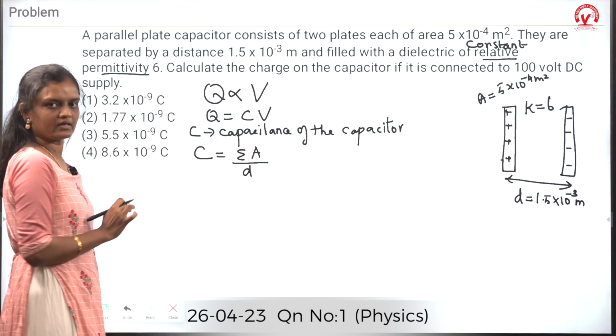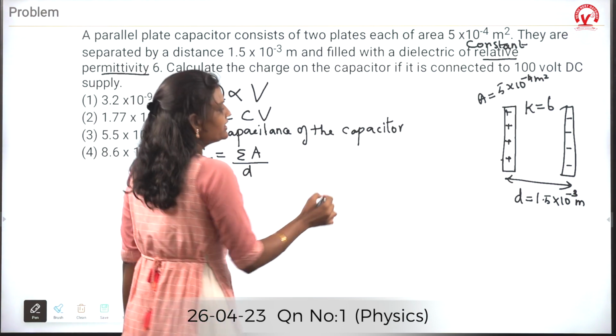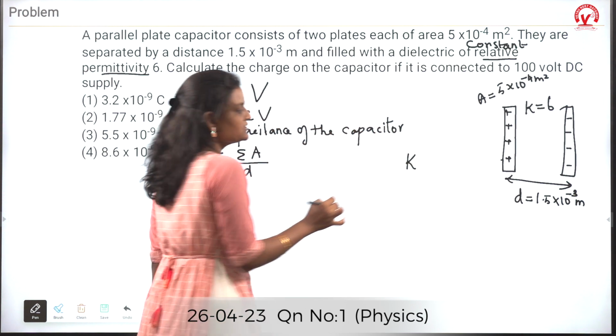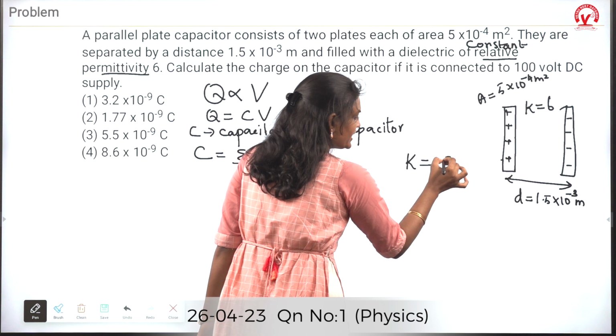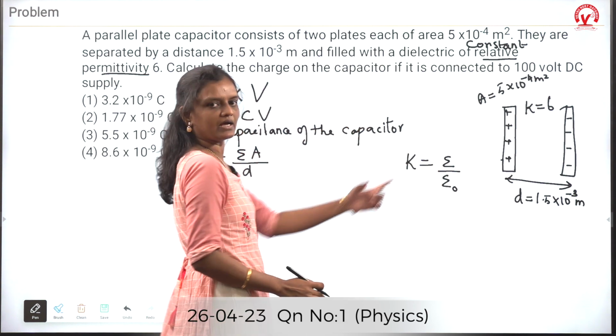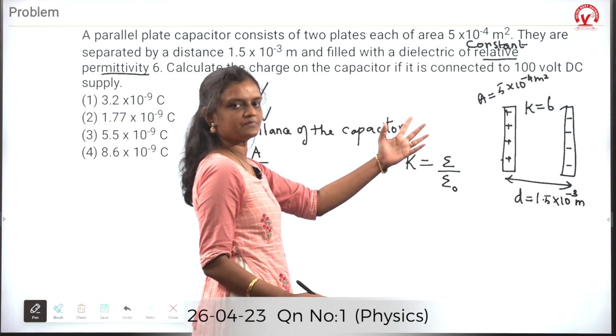What is meant by epsilon here? Epsilon is the absolute permittivity. We will calculate it from the dielectric constant. K is the dielectric constant, so K is equal to epsilon divided by epsilon naught. Epsilon is the absolute permittivity and epsilon naught is the permittivity of free space.